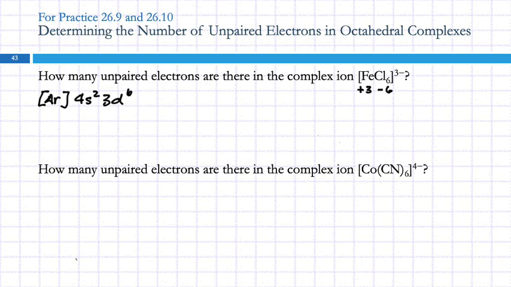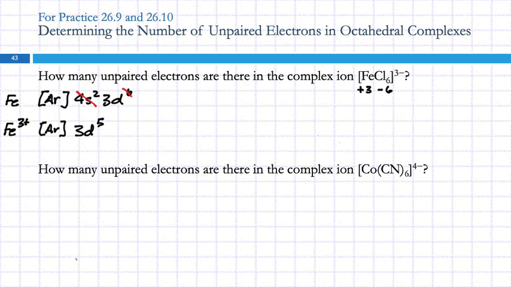So that's just Fe. We want Fe 3+. What electrons is it going to lose? Which ones go first? The s's. Those go first, and then we're going to take some of those guys. So we'll totally lose the s, and we end up with 3d. So that was 2, and we need to take one of these. So 3d5. So iron 3+ has 5 electrons.